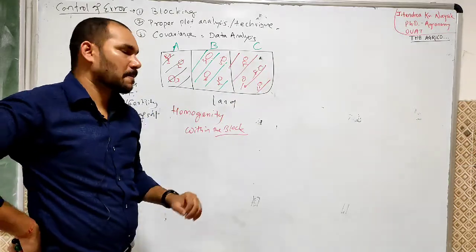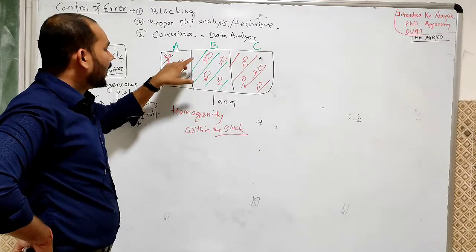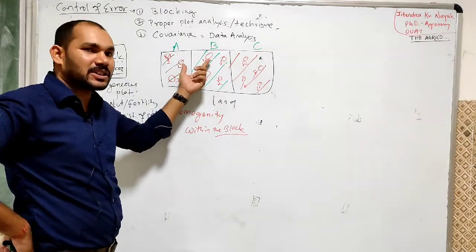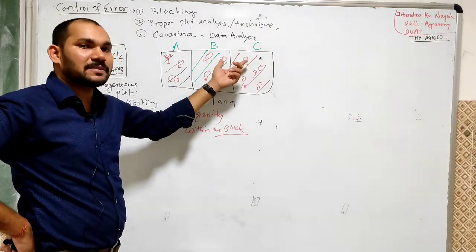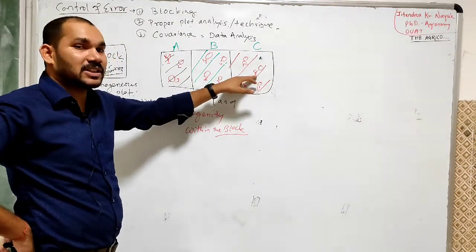But there is a difference in fertility between 2 and 4. Remember, between 2 and 4 there is a difference in fertility. Between 5 and 8 there is a difference in fertility. Between 1 and 9 there is a difference in fertility.